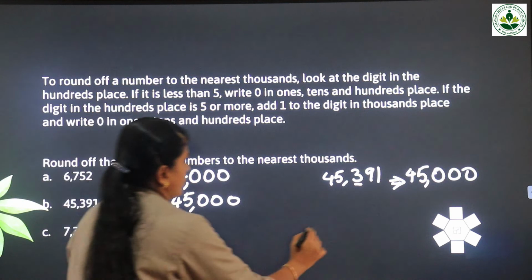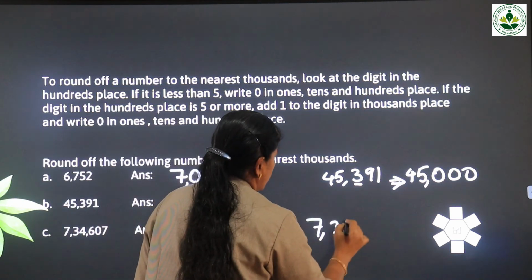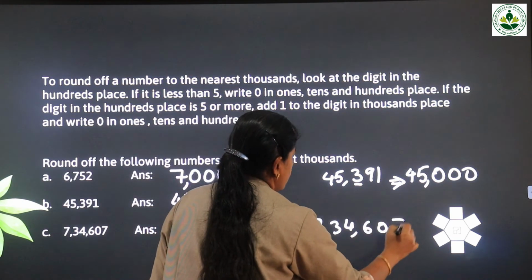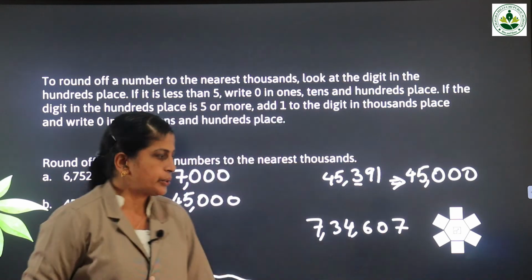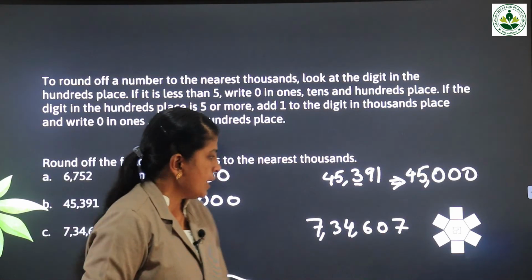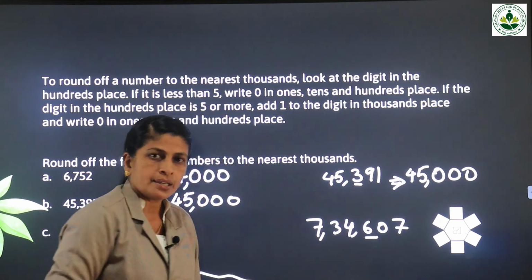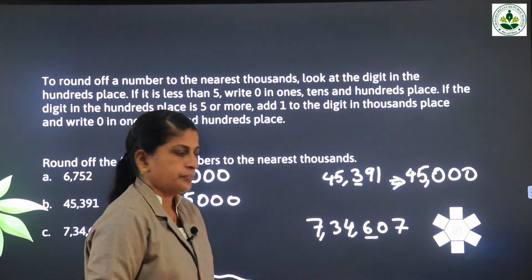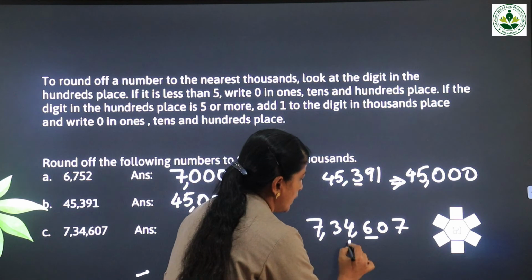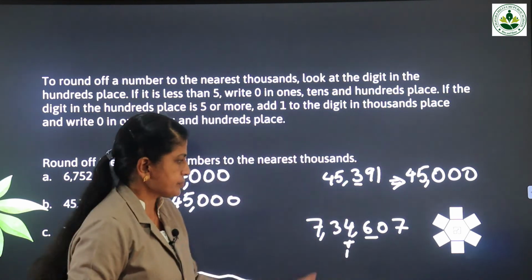7,34,607. We need to round off that number to the nearest 1000. The hundreds place digit is 6, isn't it? The hundreds place digit is 6 and it is more than 5. Therefore, add 1 to the thousands place digit.